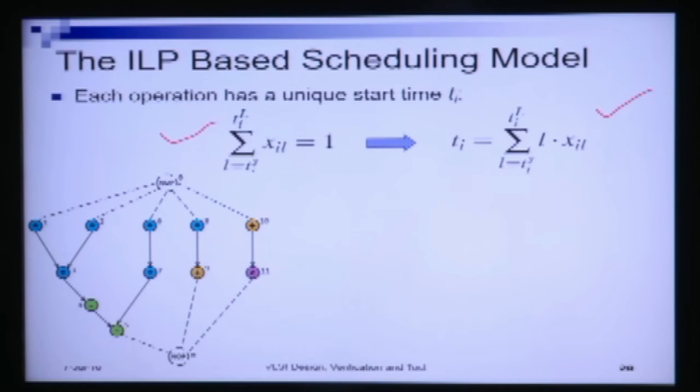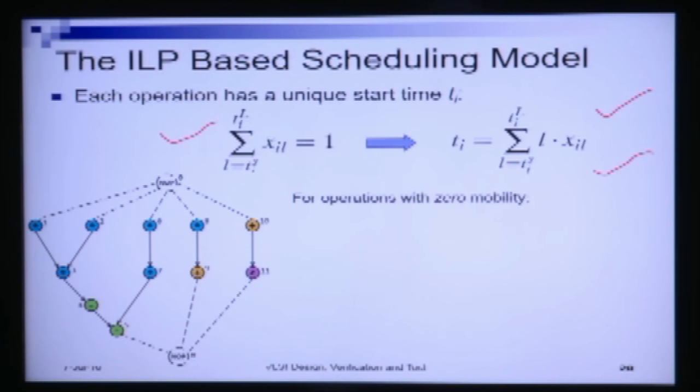It is possible to schedule it in, say, time step 1, 2 or 3, and in a given solution my ILP has found that it should be scheduled in time step 3. So, x_i3, for the ith operation, will be equal to 1. So, T_i will have the value 3. So, this correctly models the start time of a given operation.